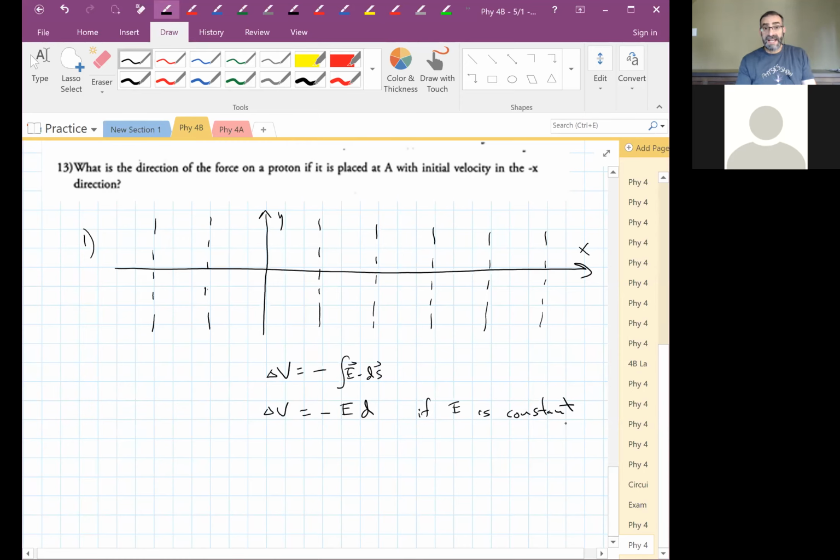And the electric field's constant here. So the electric field is 30. The distance is 1 meter. So 30 times 1 is 30. So delta V between lines is 30 volts.